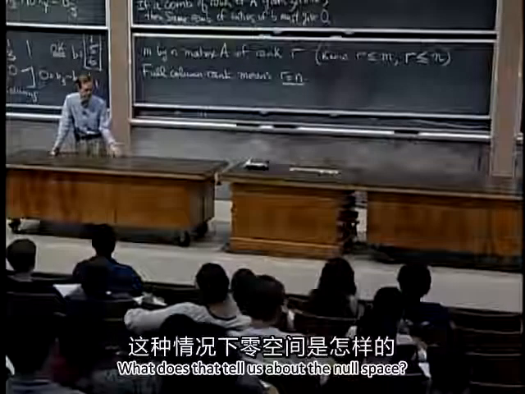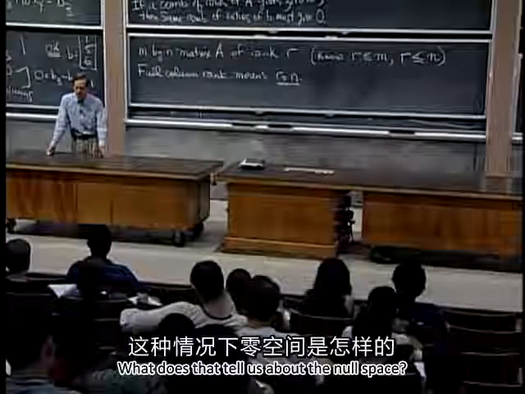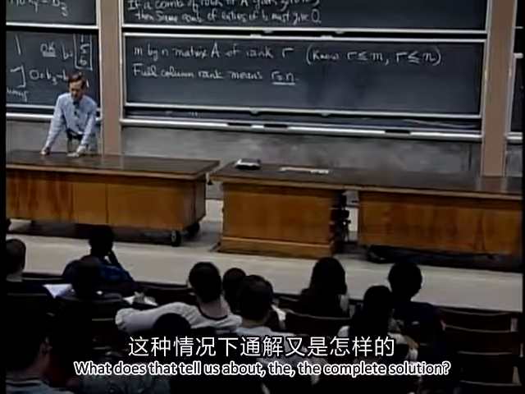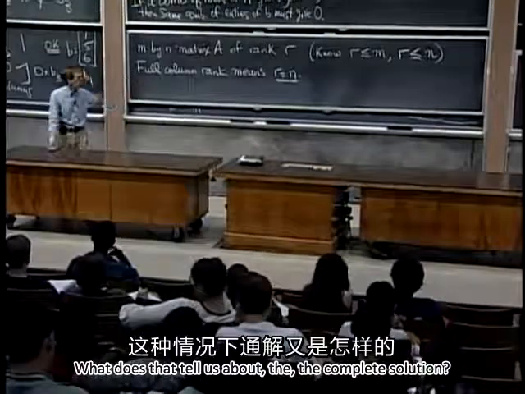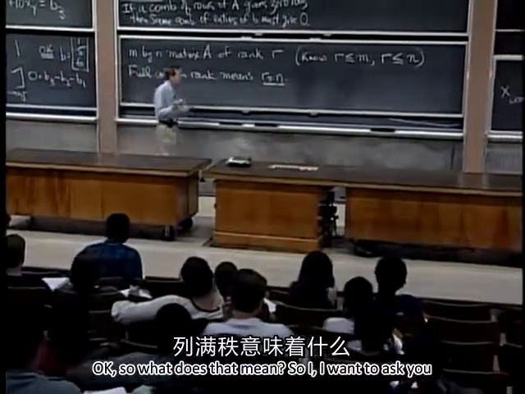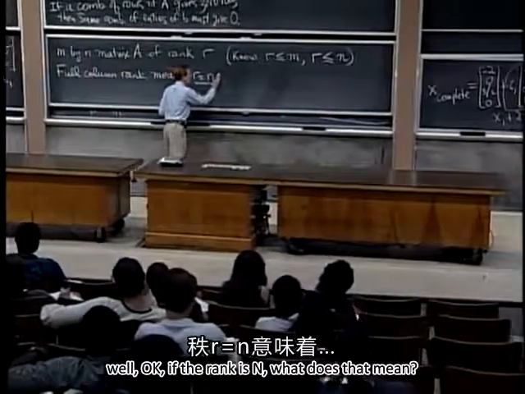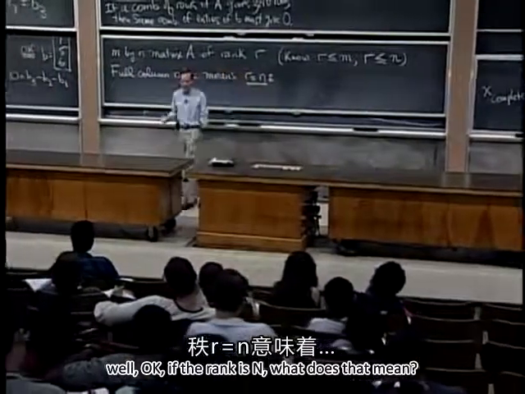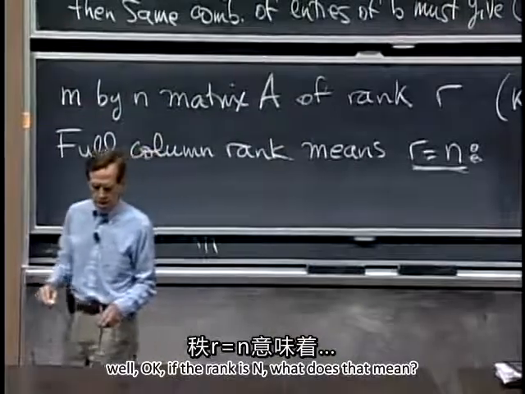What does that tell us about the null space? What does that tell us about the complete solution? Okay, so if the rank is n, what does that mean?